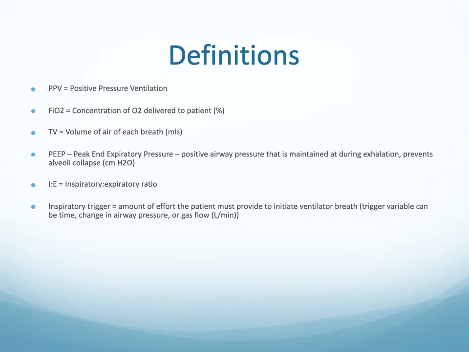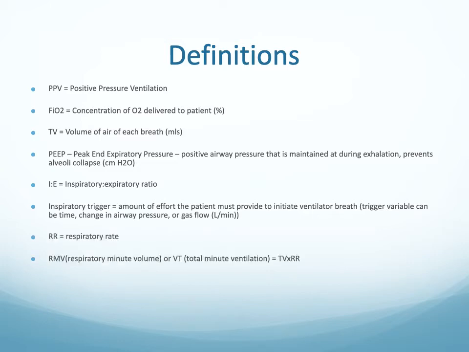So depending on what you use as your trigger, in some settings trigger can be time, so the machine will breathe for a patient if the patient hasn't delivered its own breath within a certain period of time, or it can be a change in airway pressure or a gas flow that indicates to the machine that the patient has initiated a breath, and sometimes if that's your trigger, then that will trigger the machine to initiate a ventilator breath.